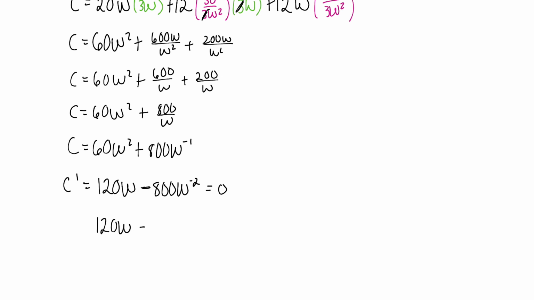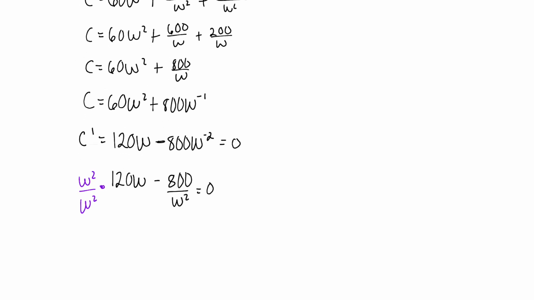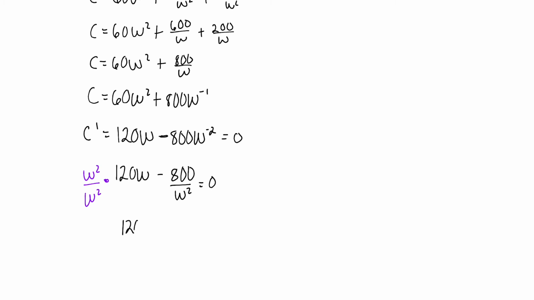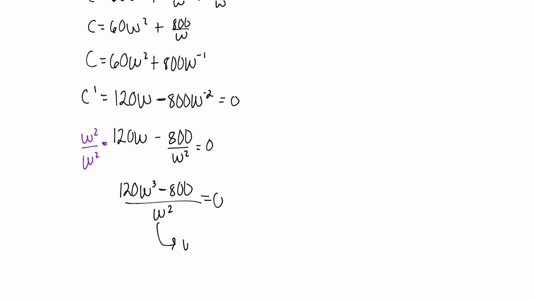120 w minus 800 over w squared equal to 0. Common denominator time, so multiplying by w squared over w squared. 120 w cubed, because there's 3 w's at this point, minus 800 over w squared equal to 0. If you set the denominator equal to 0, you get w equal to 0. That doesn't make sense. Clearly, your box can't have a 0 width.